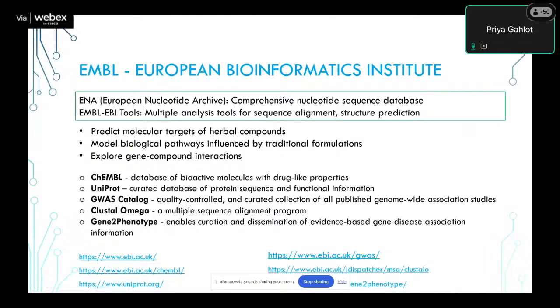BLAST is basically an alignment search tool. So we use it in bioinformatics to find similarity between two biological sequences. So that is BLAST. We can put in certain query sequences.